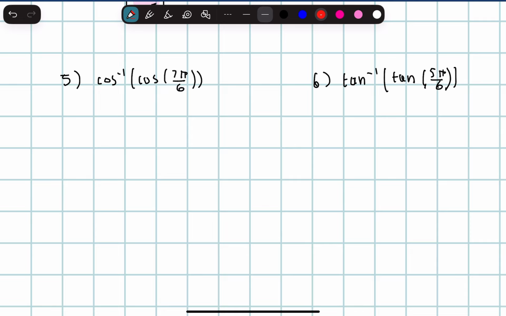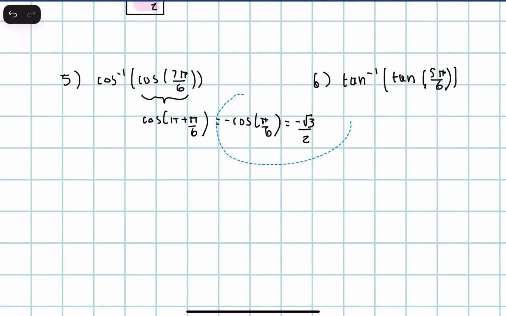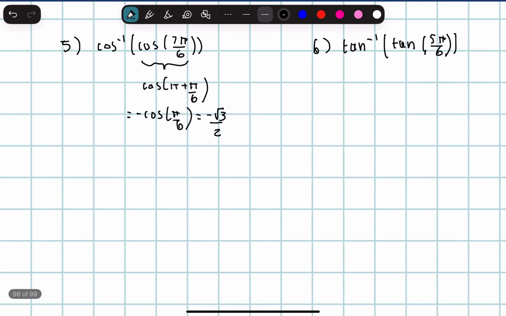Now for 5, let's just do 5. So we can rewrite this as cosine of pi plus pi over 6, and then that's going to equal negative cosine pi over 6, which is going to equal negative root 3 over 2. So now you're going to have cosine inverse of negative root 3 over 2.